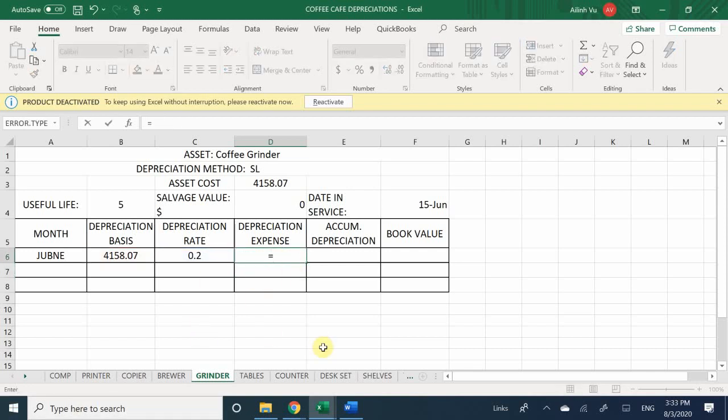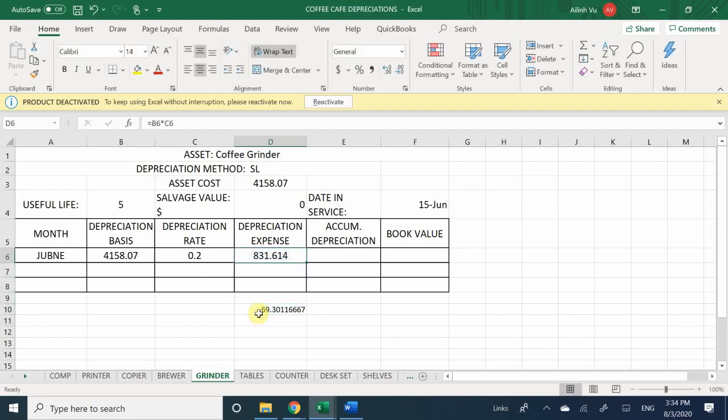Let's try again. 4158.07 times 0.2 equals $831.61. Good. And you need to divide that by 12. So go ahead and divide that by 12. $69.30.